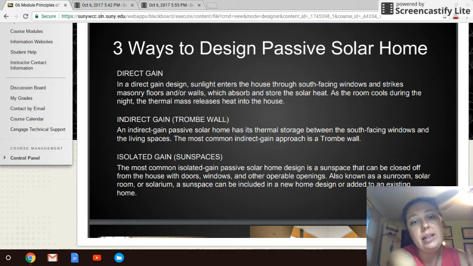And then finally, insulated gains. These are ones where I'm creating bubble or thermal rooms. This is my sunroom, my attached greenhouse to the home, my structure that I'm going to add on the side.